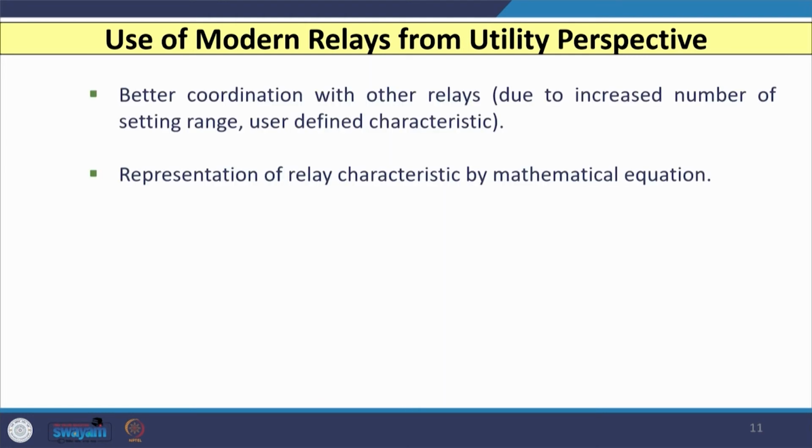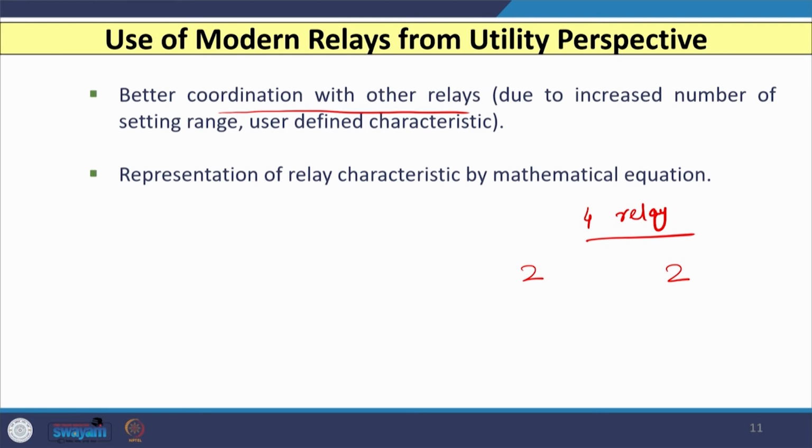Now, if I use modern digital relays, an important advantage is better coordination. Nowadays the penetration of renewable energy sources is increasing, and if I want to coordinate one relay with another, let us say we have 4 relays available, out of which 2 are electromechanical and 2 are digital or IED.